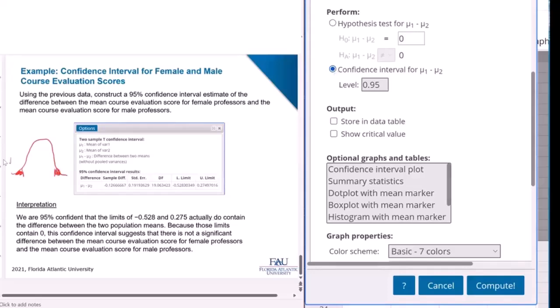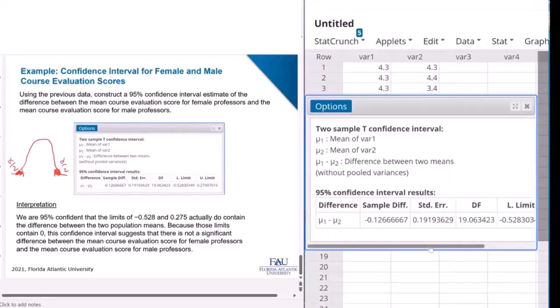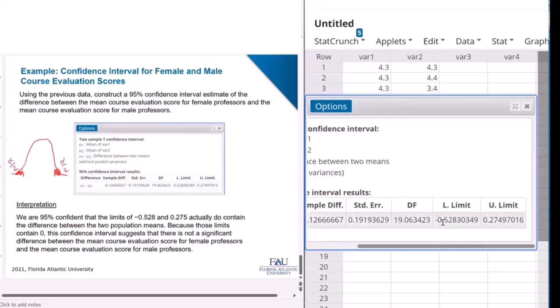We call this alpha over 2 and this alpha over 2. Since what we have is two samples, we put in our full confidence level, which is 0.95, and we hit compute, and we get our lower limit and our upper limit.